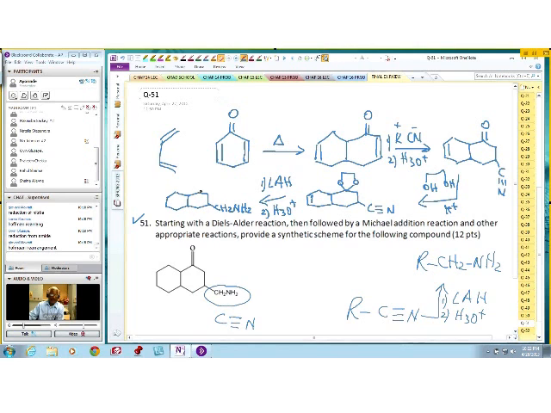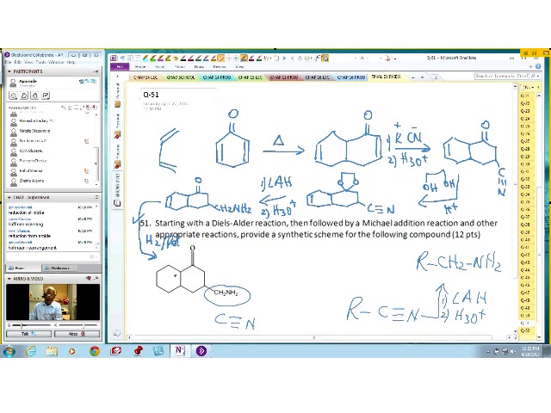Once you add the dilute acid here, of course the ketal, your protecting group, will open up. Now you have this, and then finally you can reduce this with hydrogen in the presence of palladium or platinum to get this here.